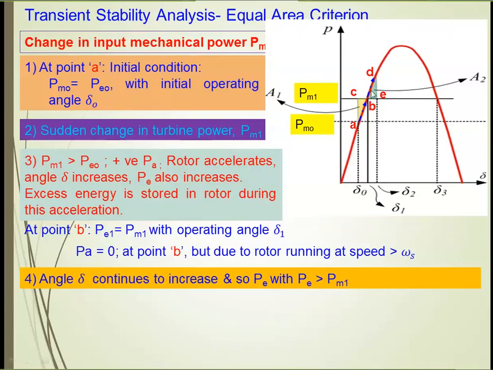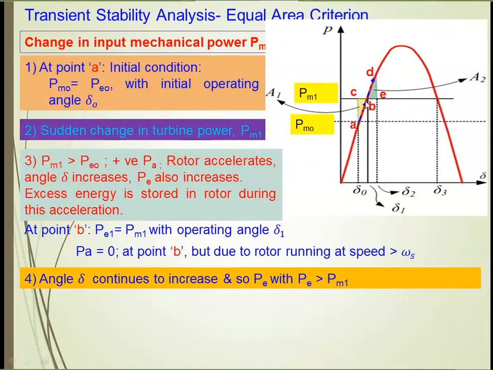So because of the rotor's speed, angle delta continues to increase beyond point B, and as such, beyond point B, PE becomes greater than PM1, because PM1 is constant. Along the PE curve beyond point B, the rotor will now decelerate.